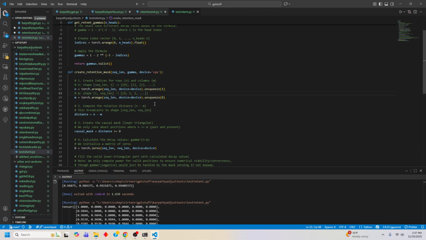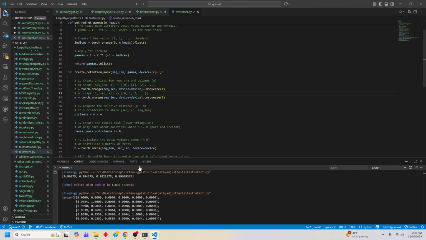You compute this distance here, which basically does the n minus m, which is each one of these locations. n is the query position and m is the key position.